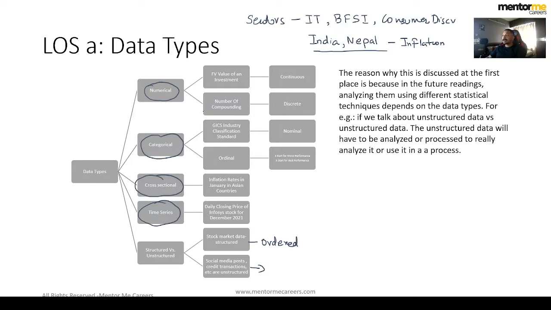In the case of numerical data, there are also some types. One is called continuous, and the other is called discrete. Why are we saying continuous versus discrete? If we look at the compounding periods, say I'm talking about n, the number of periods, as 6, then there are certain values only which this n can take.